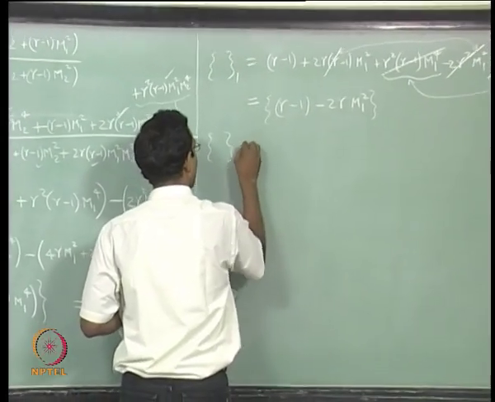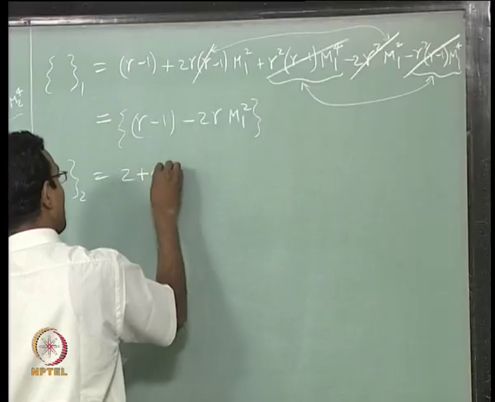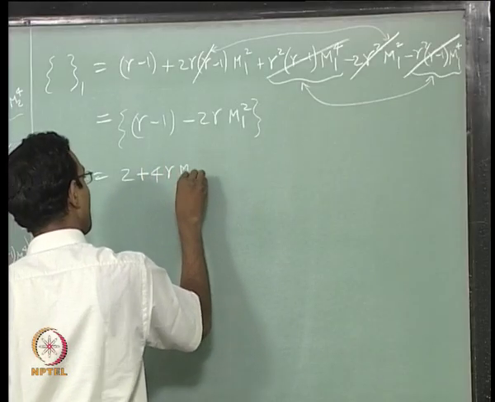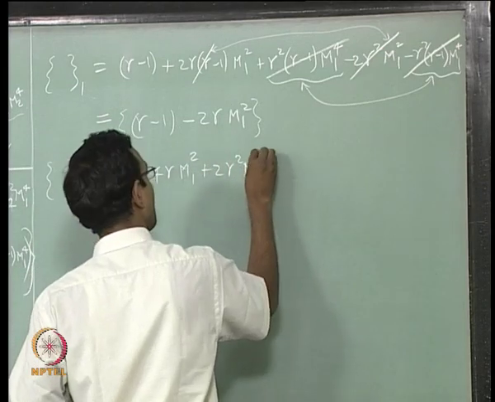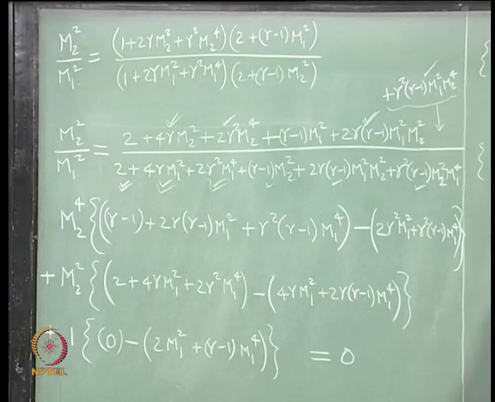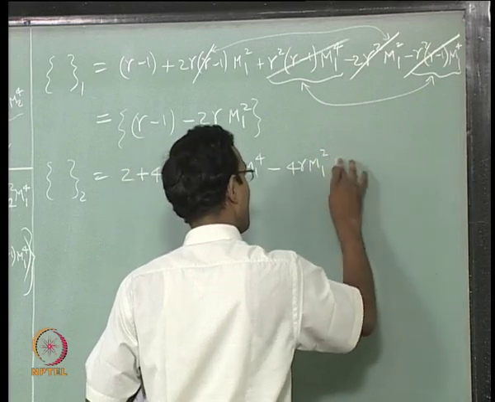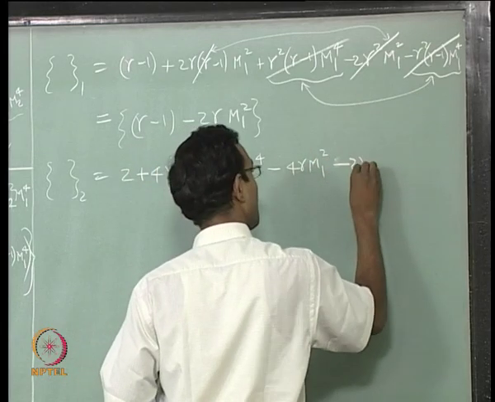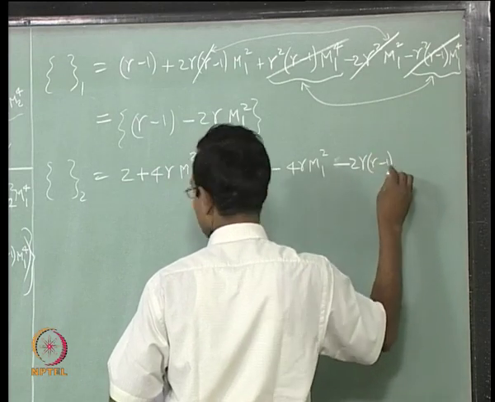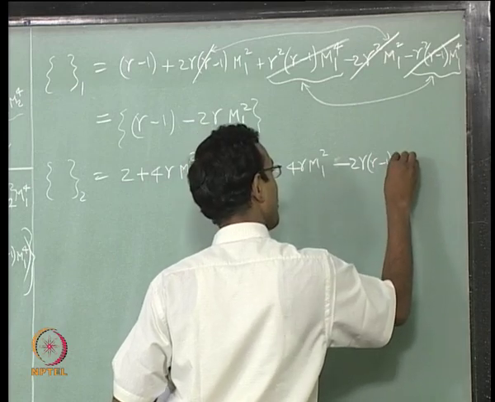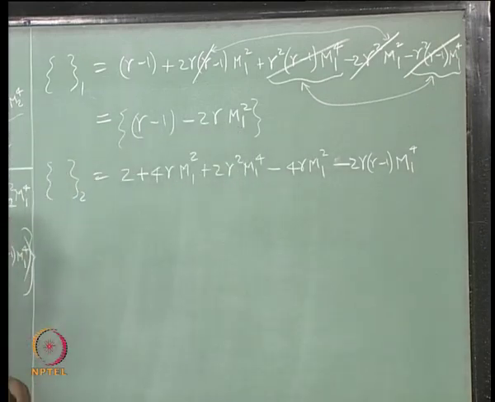So the next floor bracket is going to be this is the full expression, and we have to simplify this.